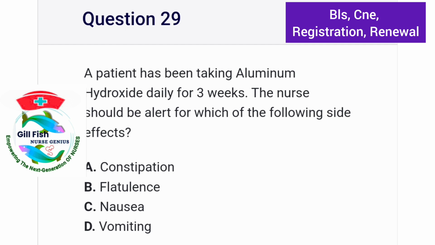It is related to ulcer patients. If you are taking this aluminum hydroxide, it will affect the motility of the intestine. So automatically what will the person have? Constipation. So answer A is the correct answer.